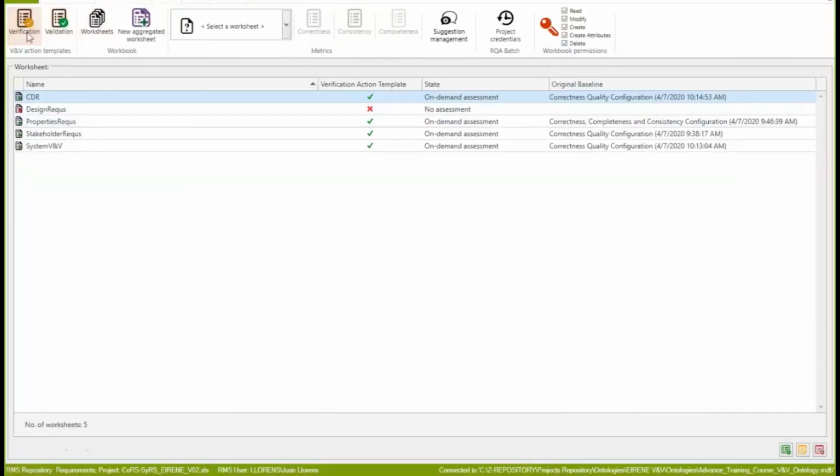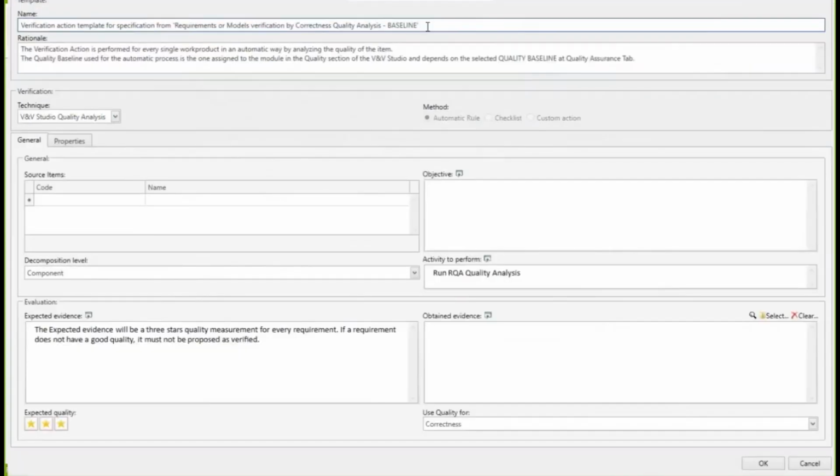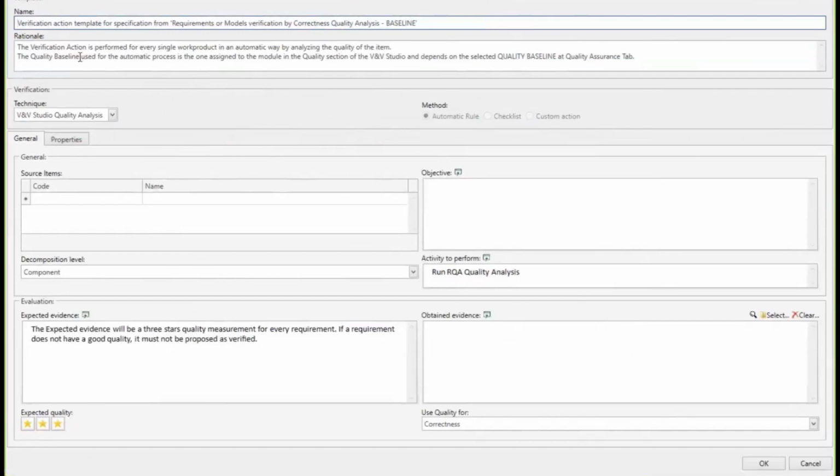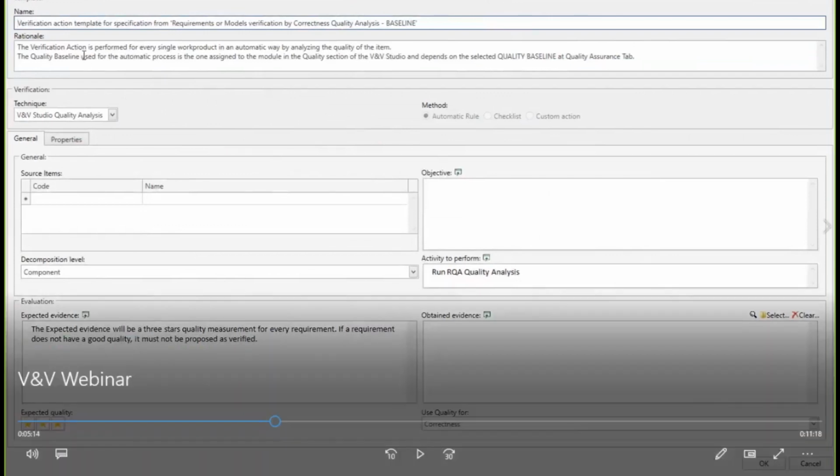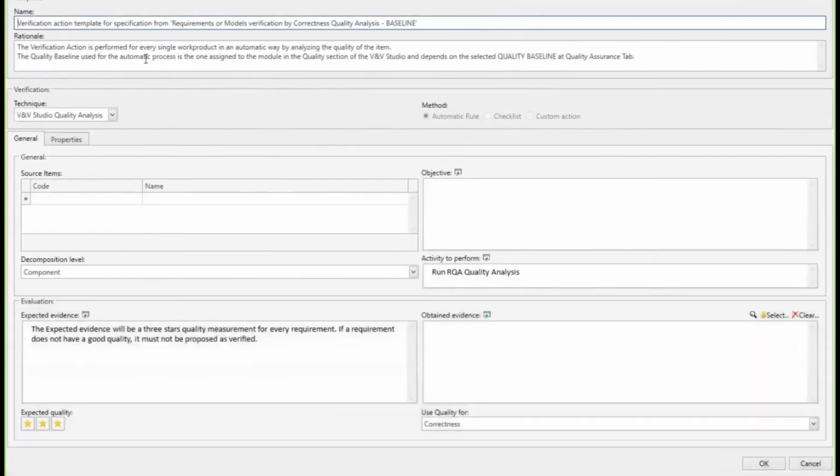600 requirements, 700 elements, 600 requirements, and we are going to do a verification based on correctness. You see down there, expected quality here, sorry about that, expected quality here, and then you see correctness, and then you see here V&V Studio quality analysis. So this is the way we are going to calculate.